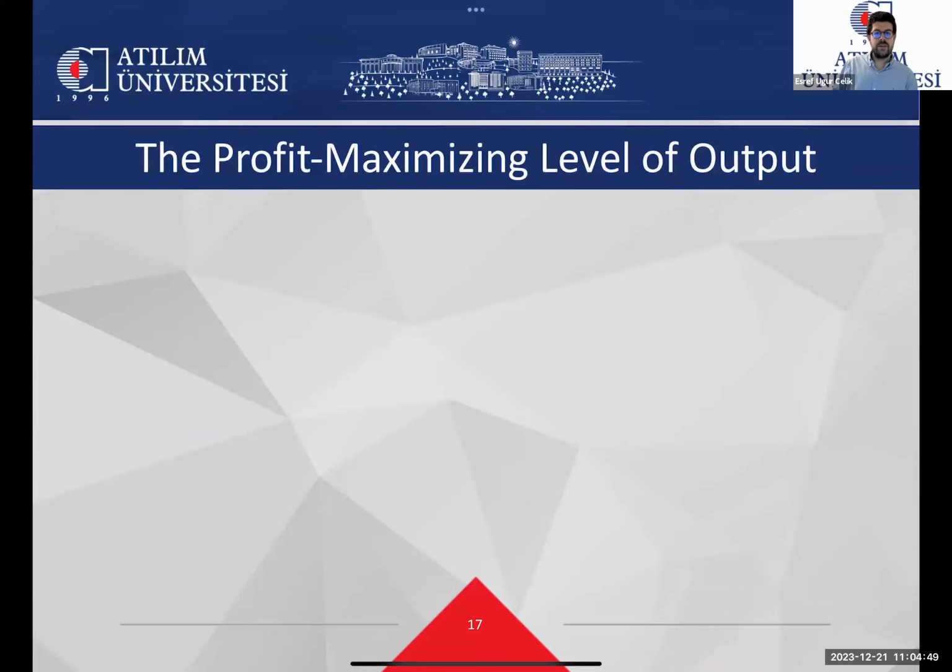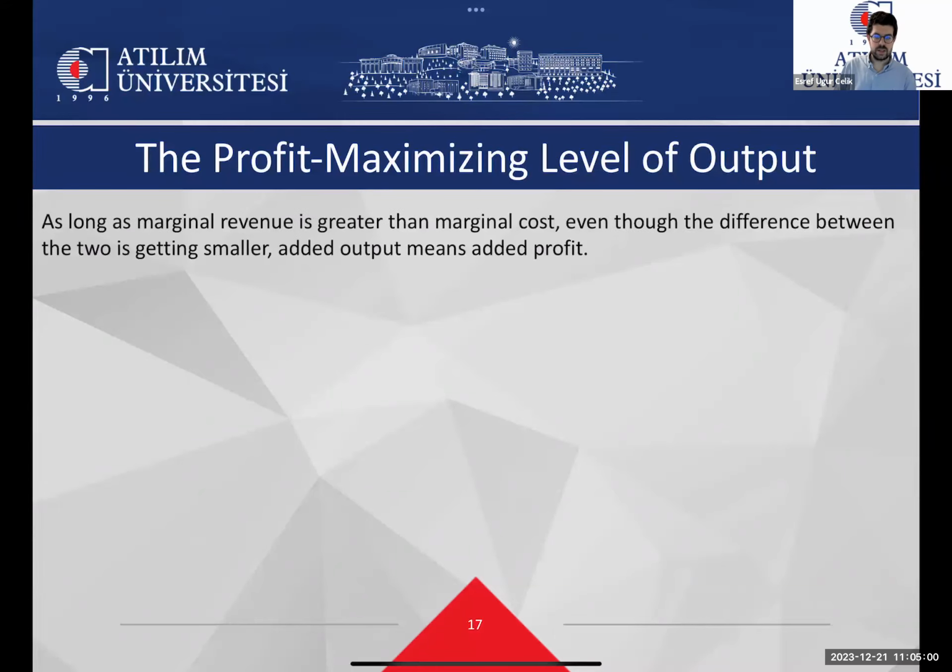We talk about the features of the perfect competition market. In a perfect competition market, how can firms maximize their profit? That's the question. As long as marginal revenue is greater than marginal cost, we keep going to produce it.